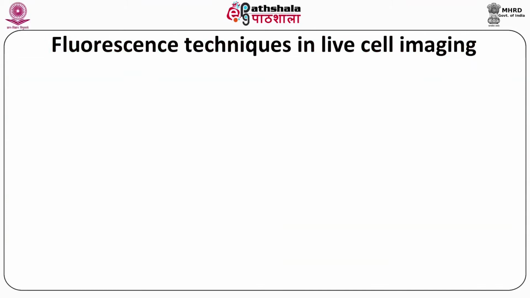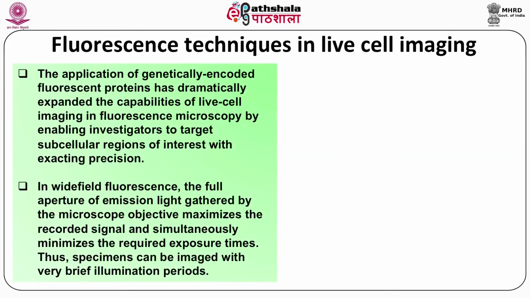Here we discuss the fluorescence technique in live cell imaging. You can see the application of genetically encoded fluorescent proteins has dramatically expanded the capability of living cell imaging in fluorescence microscopy by enabling investigators to target subcellular regions of interest with exact precision.